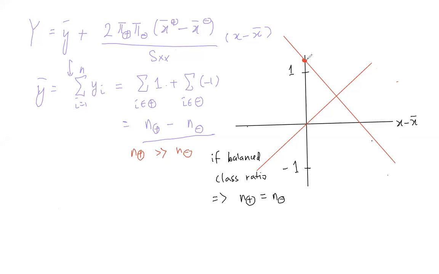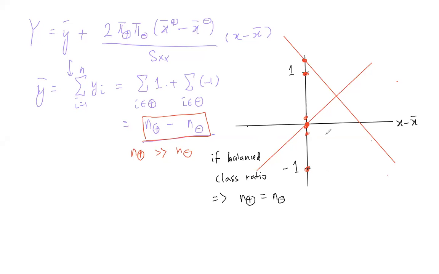this value, this intercept here, depends on the difference between the, it depends on your class ratio, whether it's balanced or not. So if it's more or less balanced, your intercept will go around here. Generally, it's either at 0, or maybe it's at 1, and then so on.